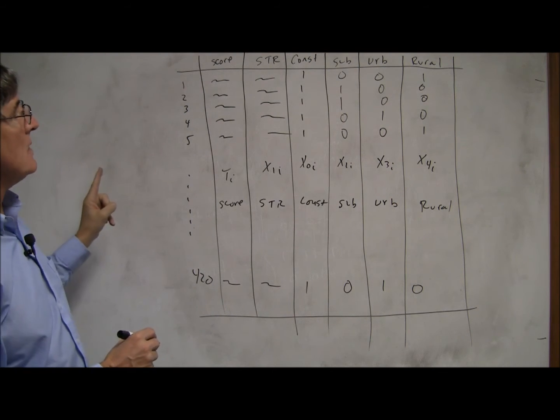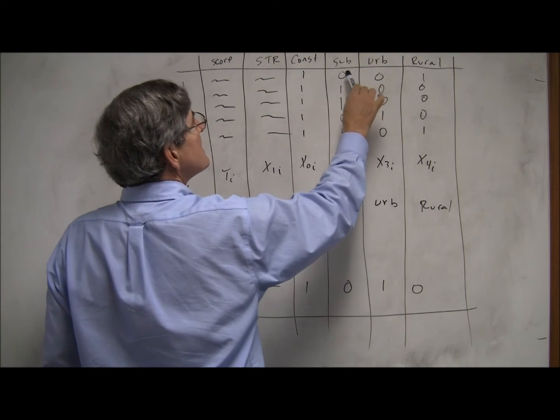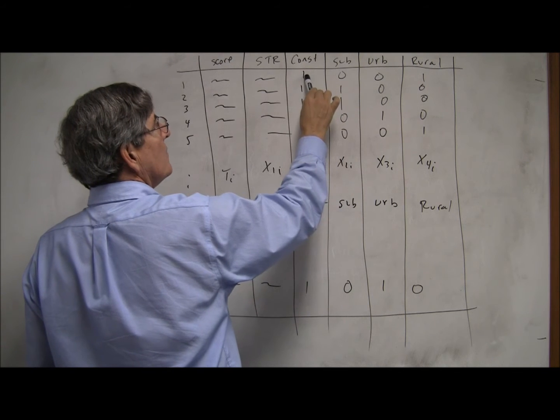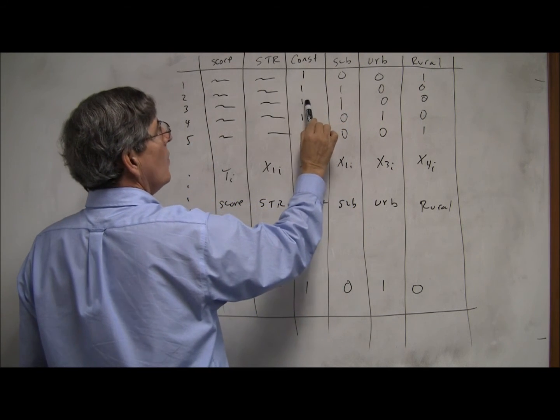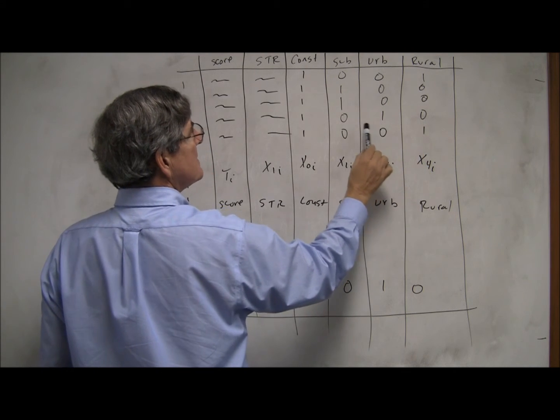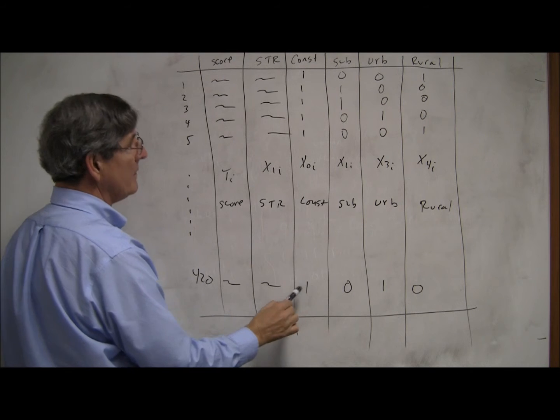What I want you to notice, though, is that if I add up this plus this plus this, what do I get? I get 1. If I add up this plus this plus this, what do I get? 1. That plus that plus that, 1.